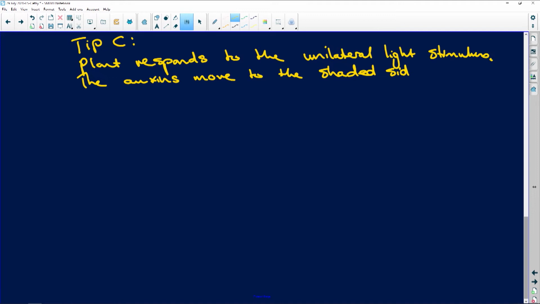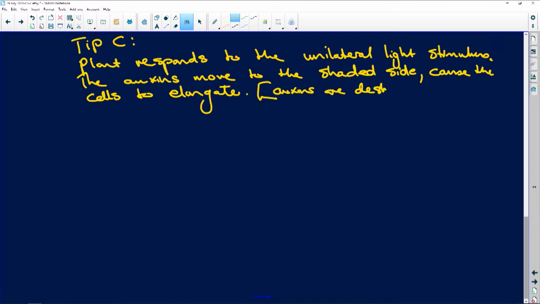At the shaded side, they cause the cells to elongate. And something I'm going to put in a little square bracket here is that auxins are destroyed by light.